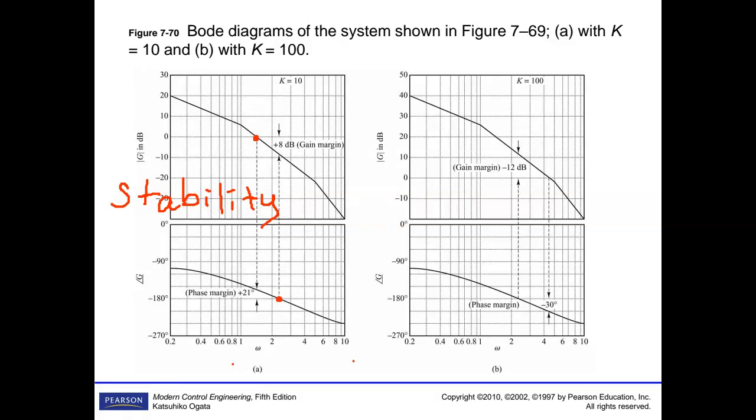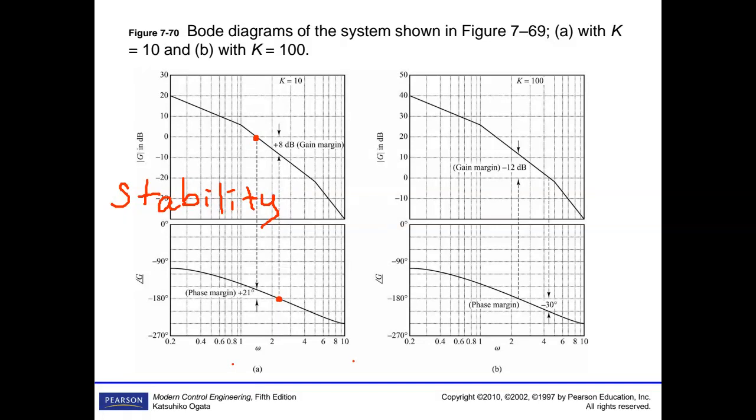You can see that 180 degree. So that one is your phase margin. Phase margin means how comfortable you are from the stability limit. If these are changing the sign, your system becomes unstable.